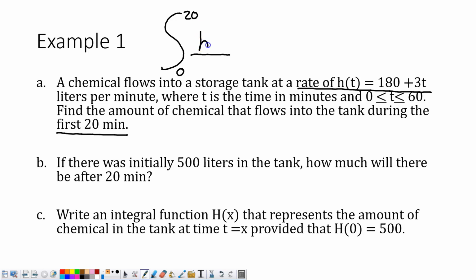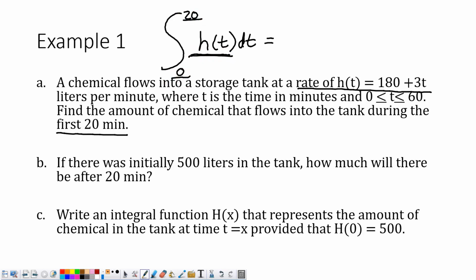So let's go ahead and put h of t here. Now, if we integrate little h, we need to find a way to represent big H. I don't think we really need to do that right now, so let's just leave it at that. But there's your setup. You have your time that goes here and your rate that goes here.